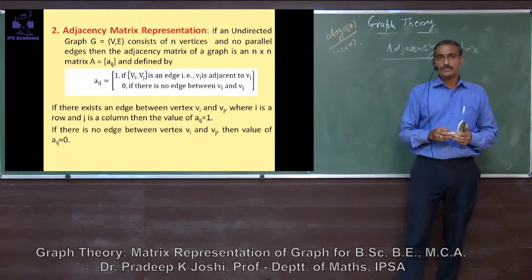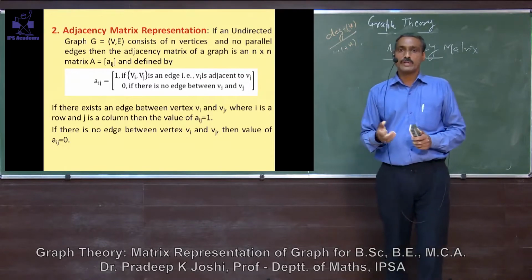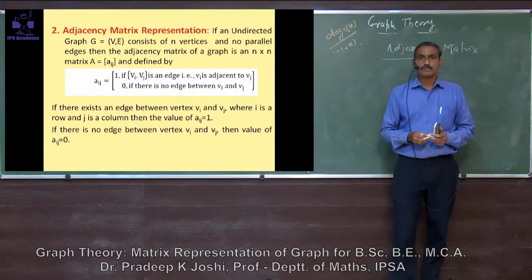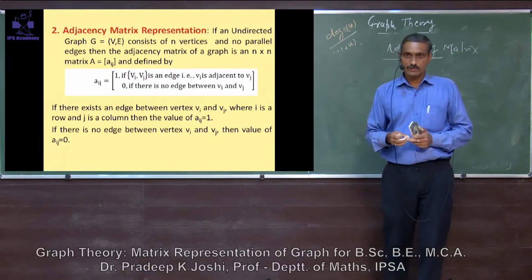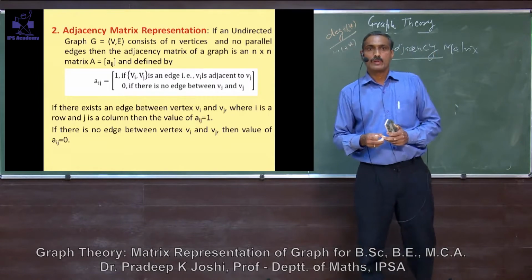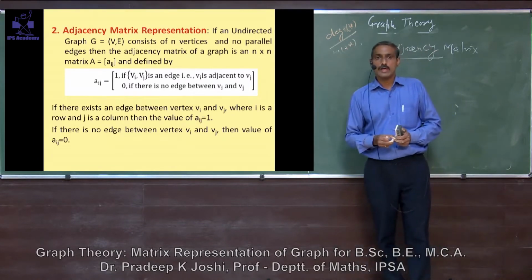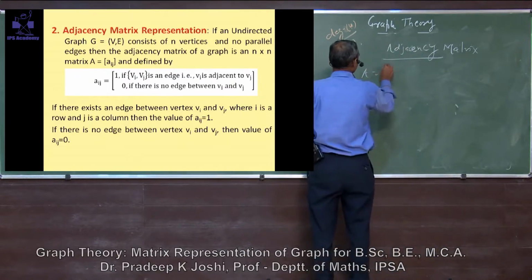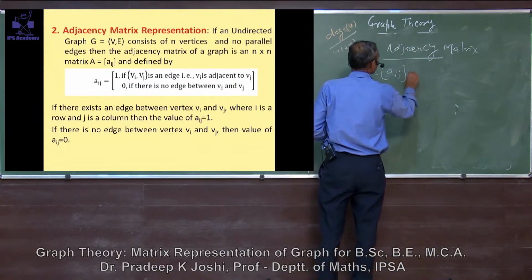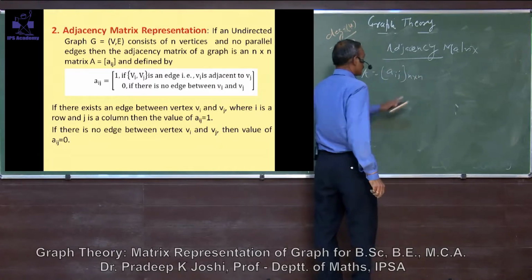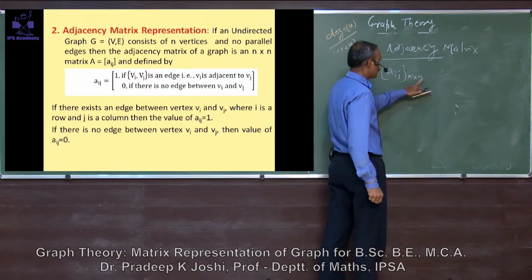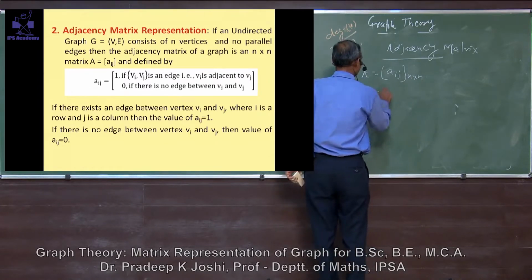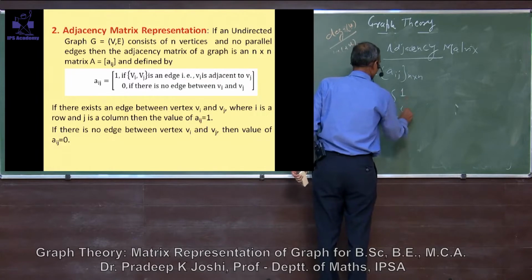If an undirected graph G = (V, E) consists of n vertices and no parallel edges, then the adjacency matrix of graph G is an n by n matrix. This is always a square matrix. Define A = [Aij], where the elements of A will be either 1 or 0.